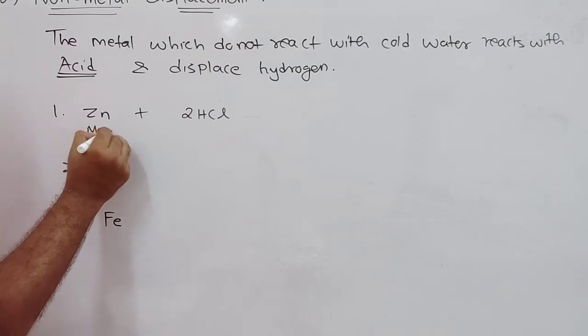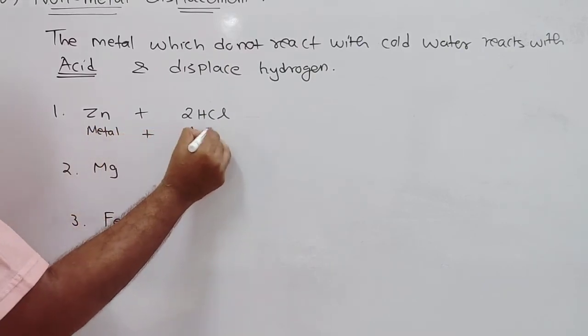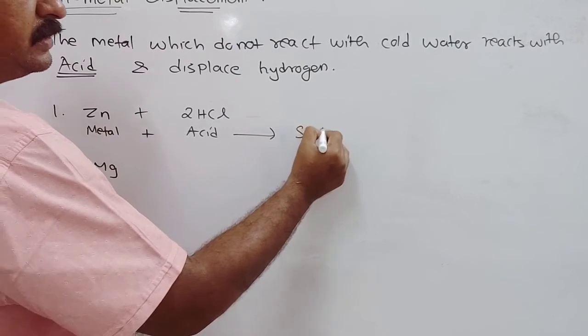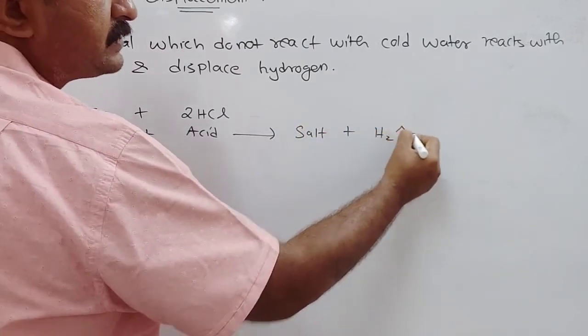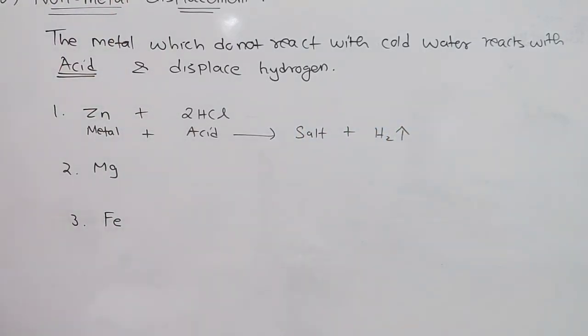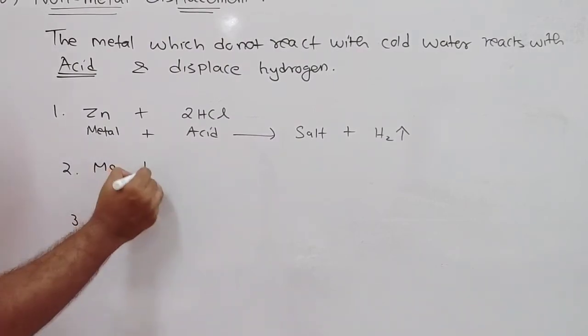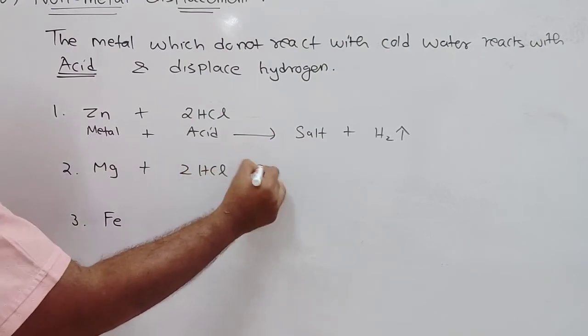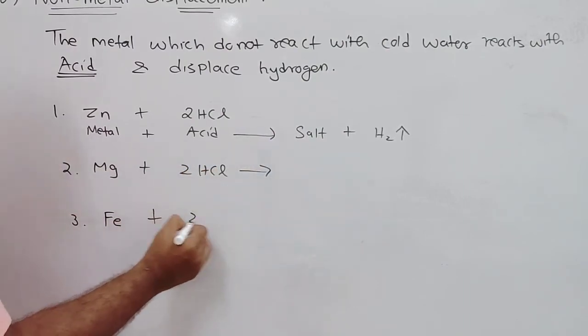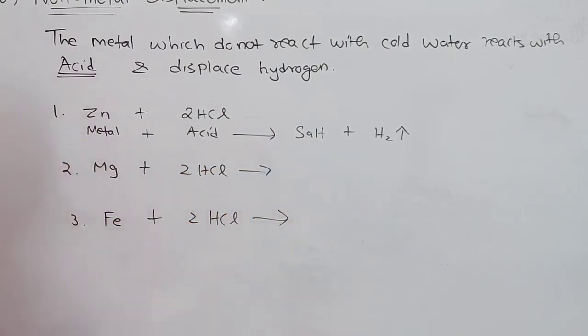We know metal plus acid gives salt plus hydrogen gas. This is a general form that you have to remember for all these reactions. Same way, Mg plus 2HCl gives you salt, and Fe plus 2HCl gives you salt like this.